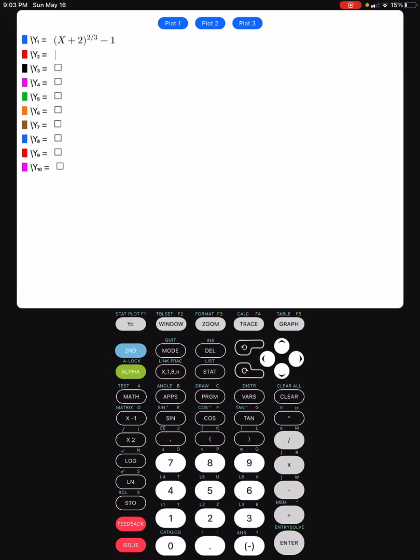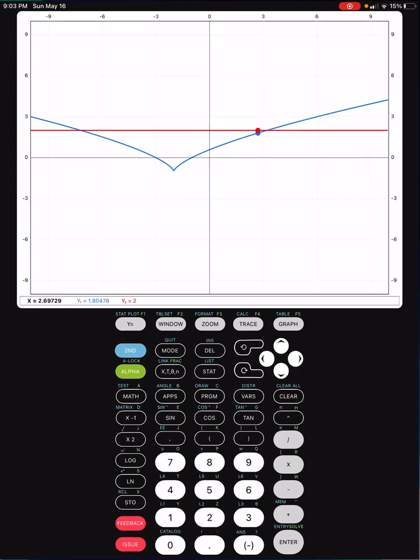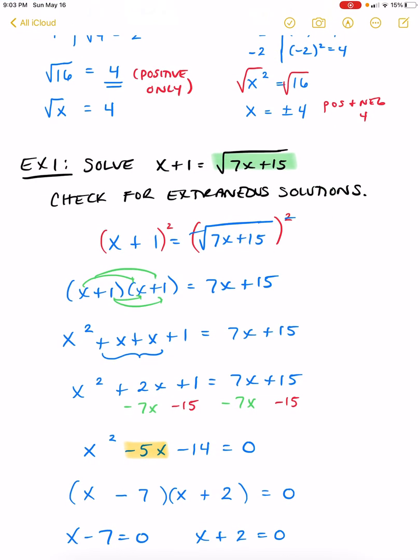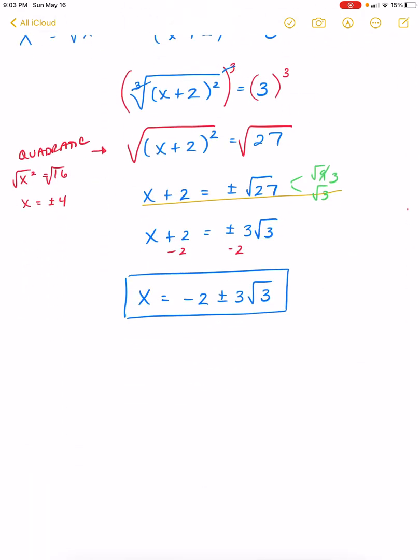And over in y2, I'm going to put the right side of the equation, which was 2. And so what I'm looking for is where the graph crosses. In this case, I can see that the graph crosses in 2 places, and therefore both of the solutions, the plus and the minus that we solved for, are going to work. So sometimes we get an extraneous solution and sometimes we do not. And so I'm going to say that both of these are the solution.